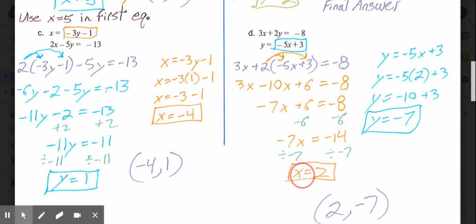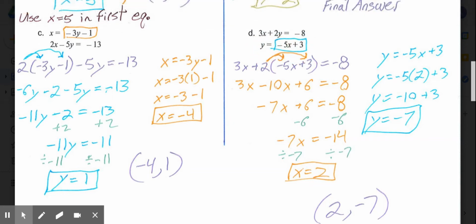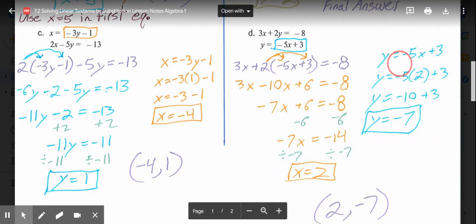So now that I have x equals 2, I'm going to take that and substitute the 2 for x in our bottom equation that we haven't yet solved. So that would become y equals negative 5x plus 3. So replacing the x with 2, y equals negative 5 times 2 plus 3, or negative 10 plus 3, meaning y is a negative 7.